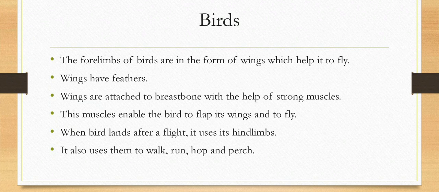Birds. The forelimbs of birds are in the form of wings, which help them to fly. The two limbs on the front side are called the forelimbs, and in birds these forelimbs are in the form of wings.